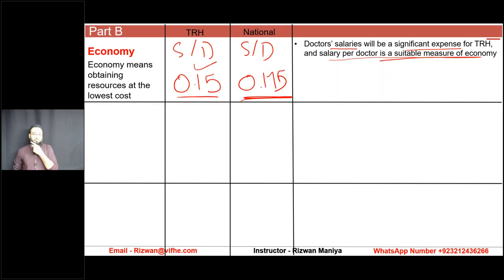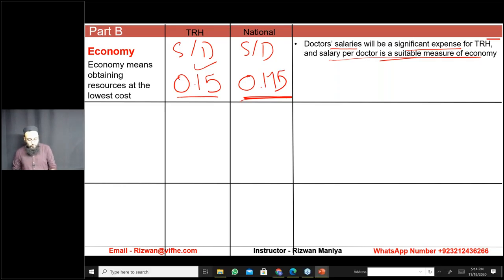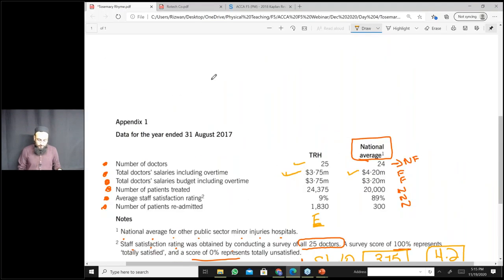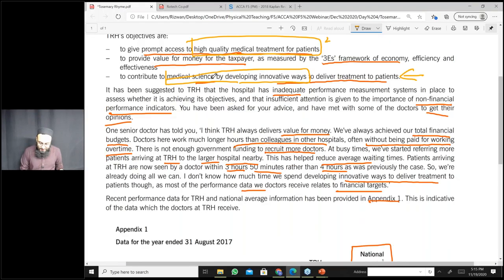And why? Try to link this with the scenario. Why is our cost less? I'll show you a very good connection here, and you will be really happy. See, this could be the reason: they are not paid overtime.